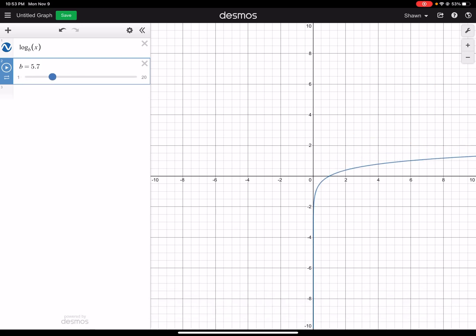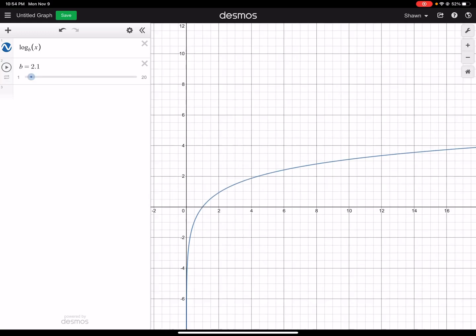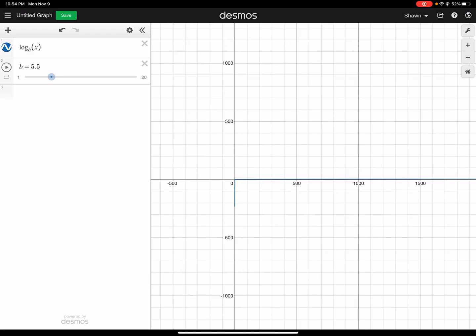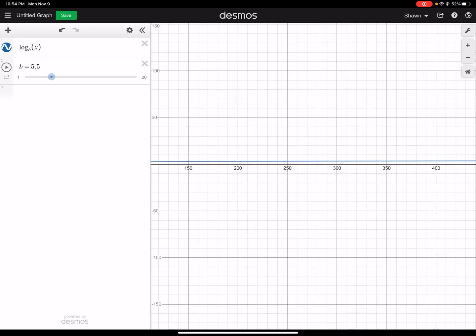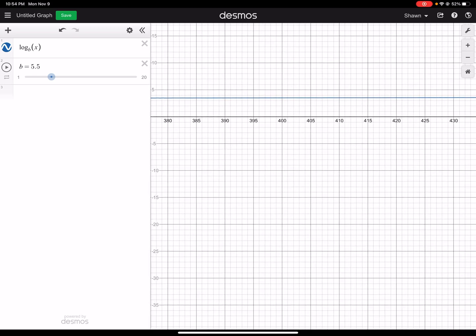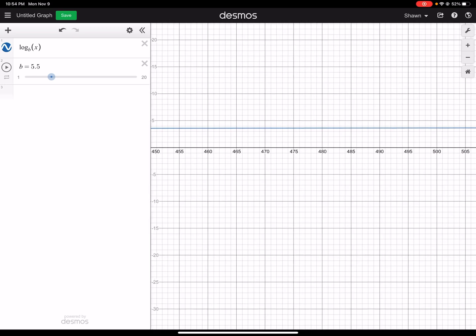And now if you look, all that happens as I change that b is it just bends that curve a little bit more. It doesn't do anything in the end. They're all still going to raise higher and higher and higher. And you do have to go out a long ways to see that it continues to grow.